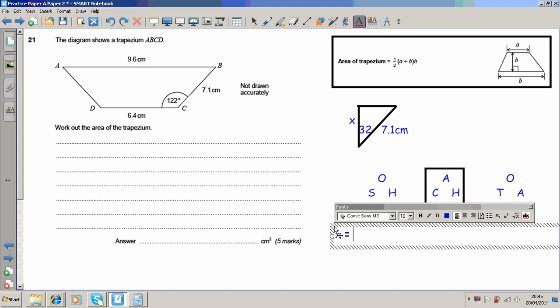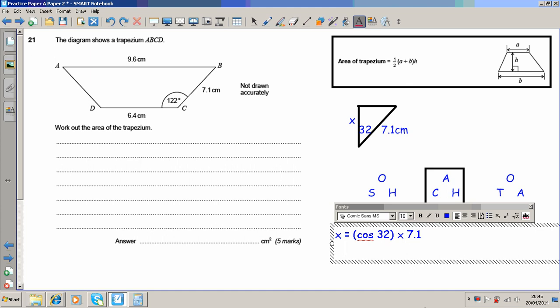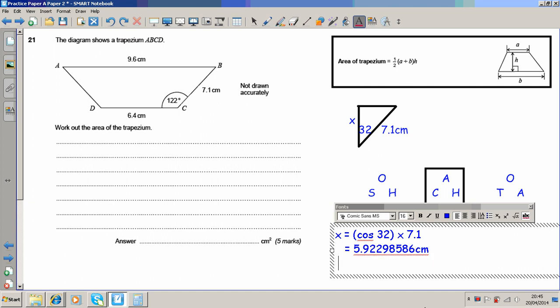So x equals cos 32 times the hypotenuse, 7.1. So, calculator out. Cosine 32 times 7.1 is 5.922986 centimetres, which we can round to one decimal place, 5.9 centimetres.